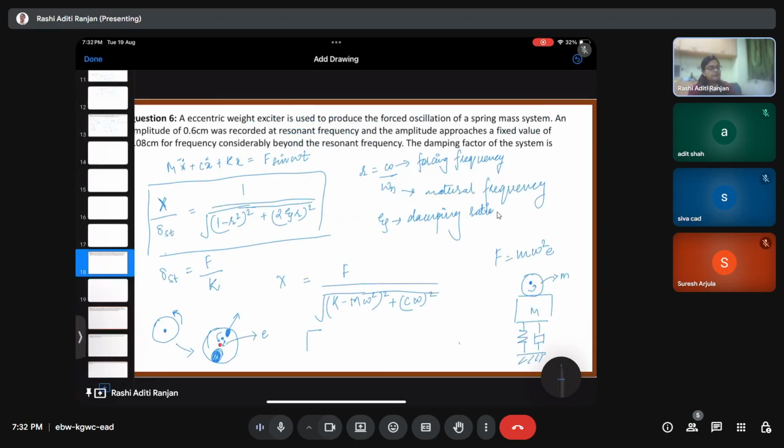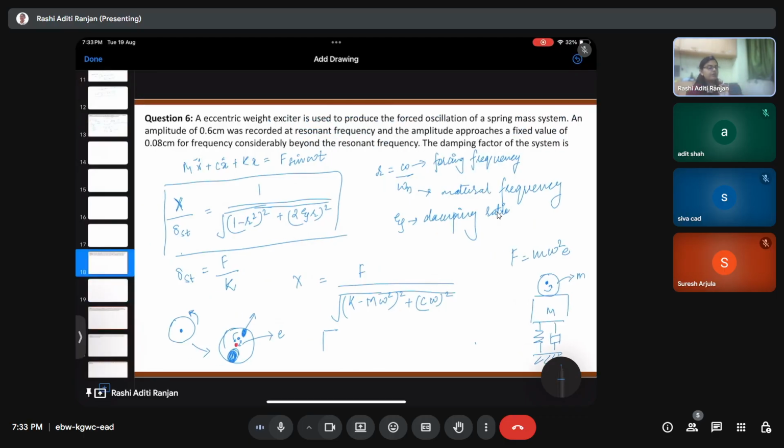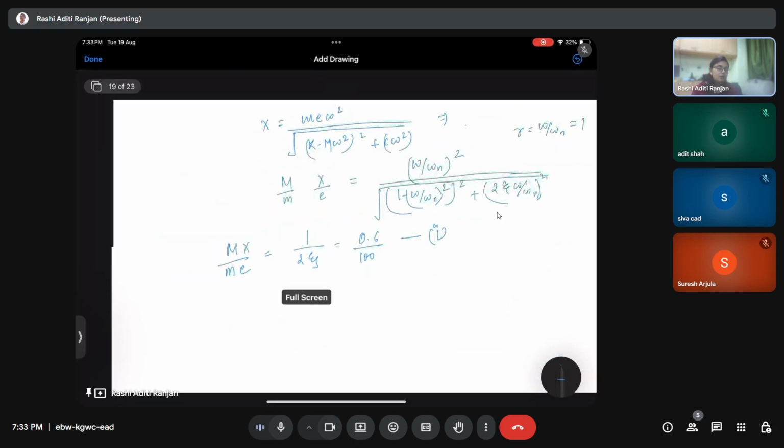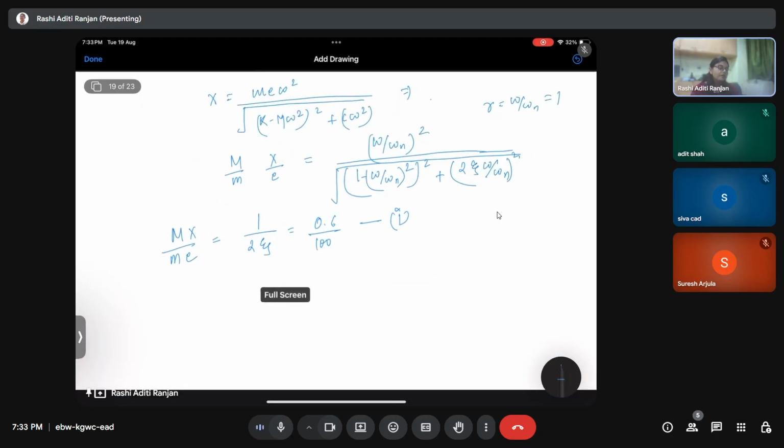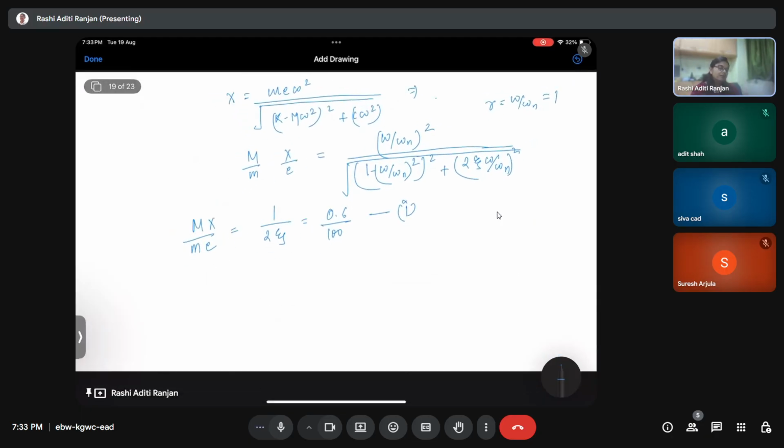For the second case, the amplitude approaches a fixed value of 0.08 centimeter for a frequency considerably beyond the resonant frequency. Now, when we say that the frequency is considerably beyond the natural frequency, we have omega very, very greater than omega n.